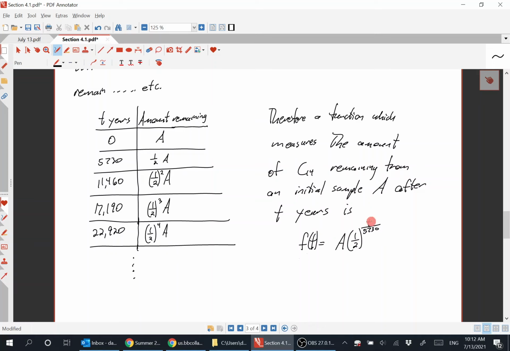So when T is a multiple of 5,730, this exponent is going to be an integer.